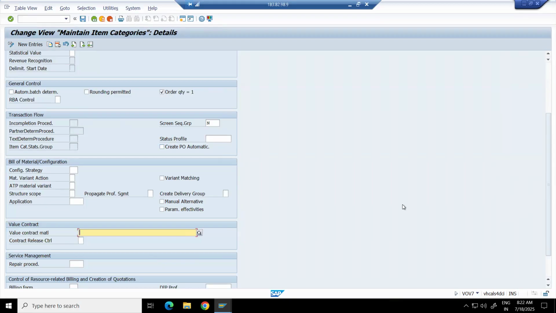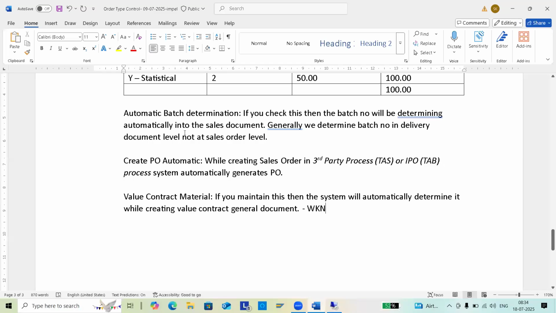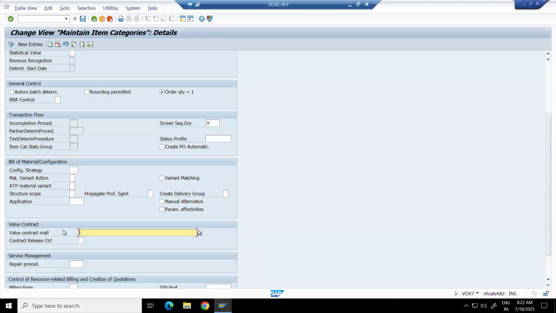Okay, then another one is contract release control. So this field controls how the system should respond if the release order value exceeds the contract value.